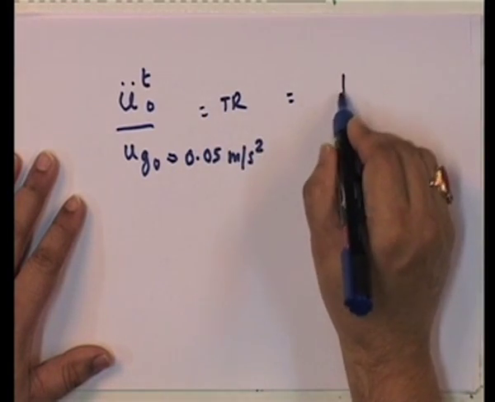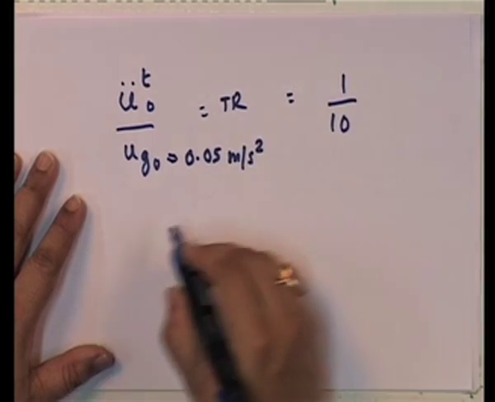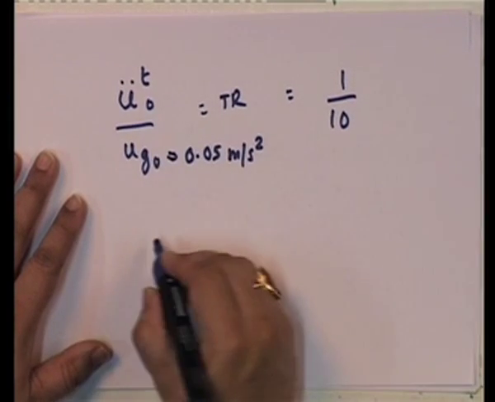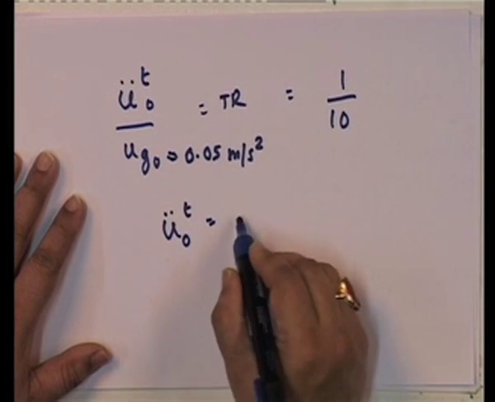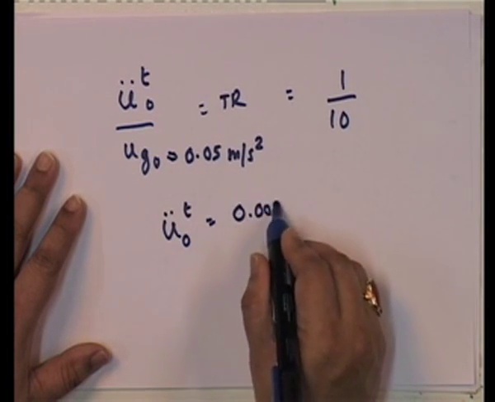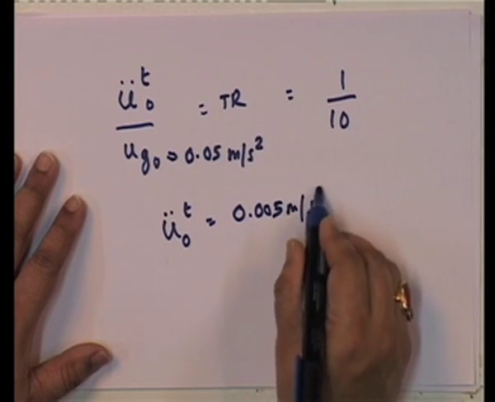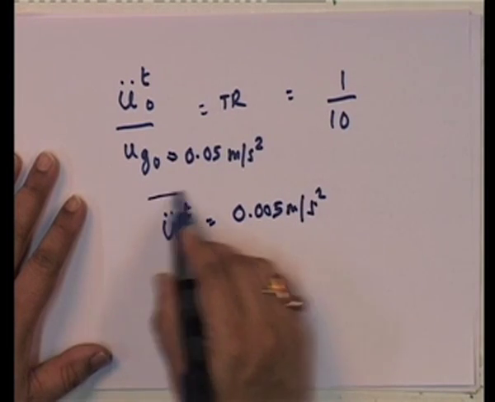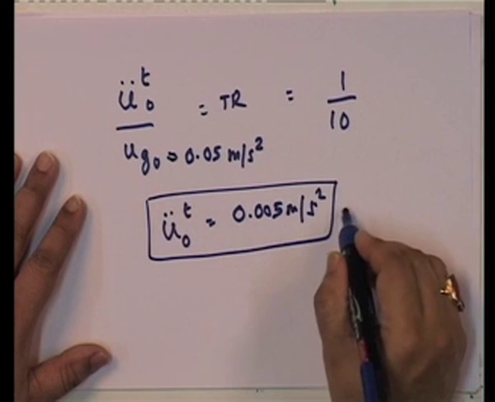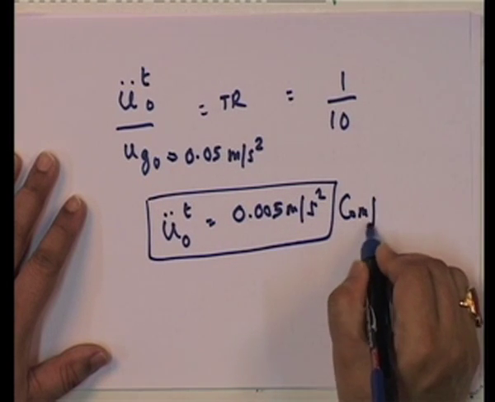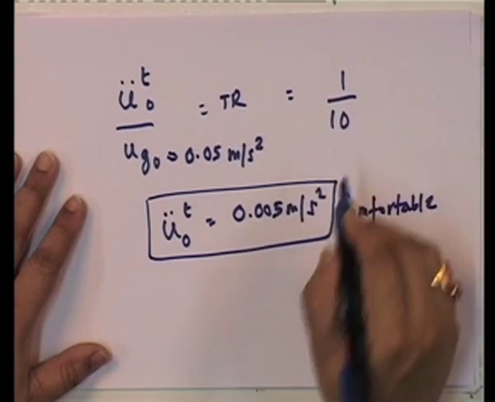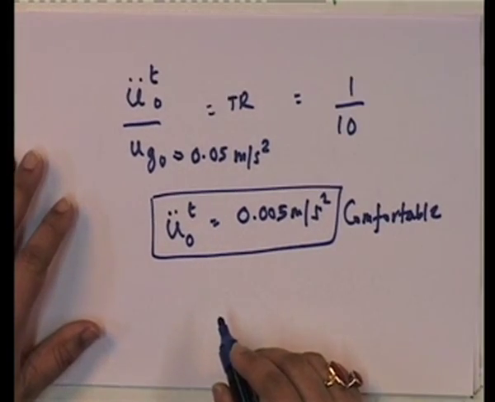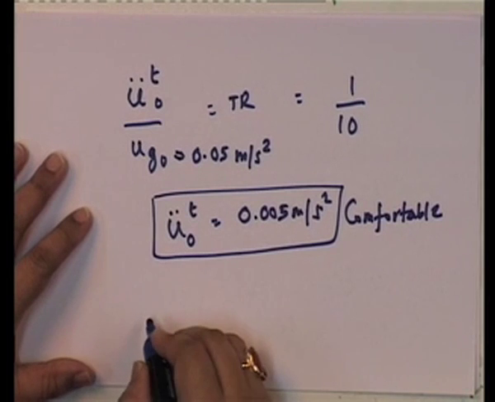As a car person, I do not wish to feel anything more than 0.005 meters per second squared. That is the maximum that is comfortable. Automatically TR becomes 1 upon 10, and we go through the same steps.